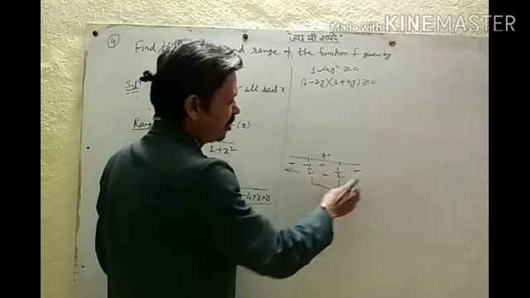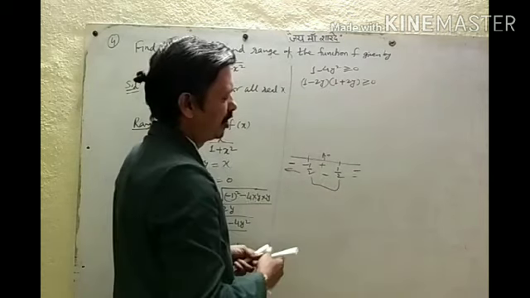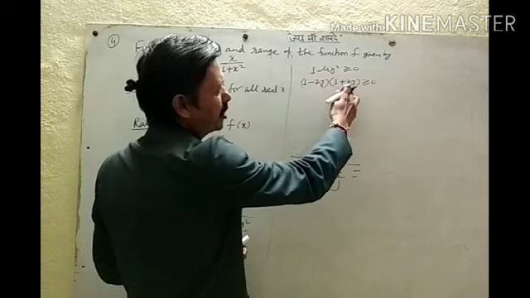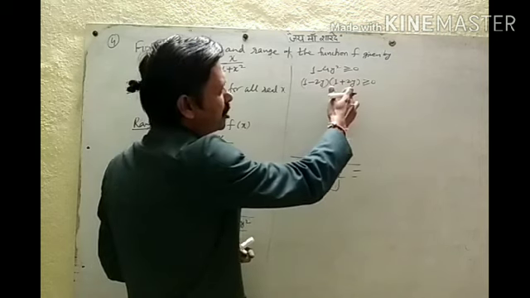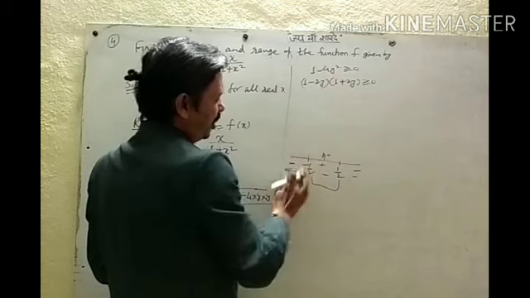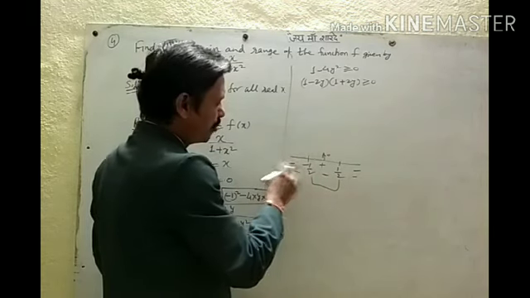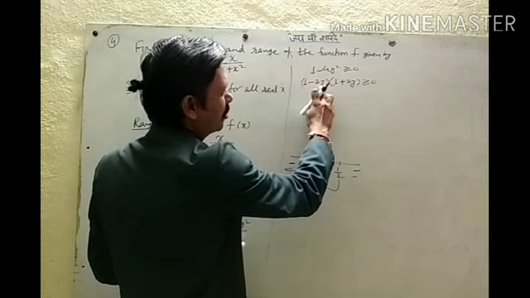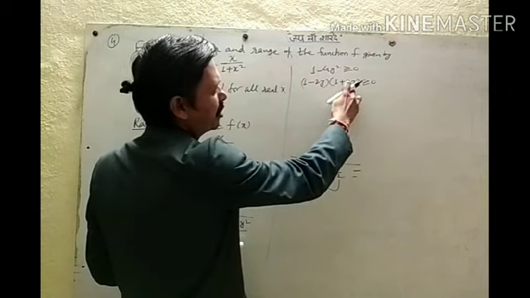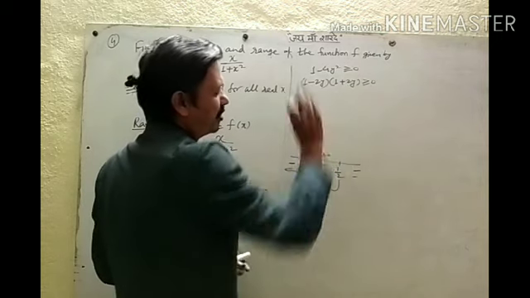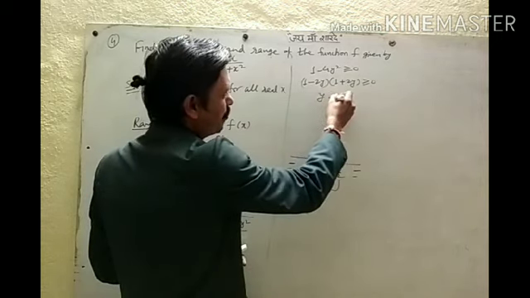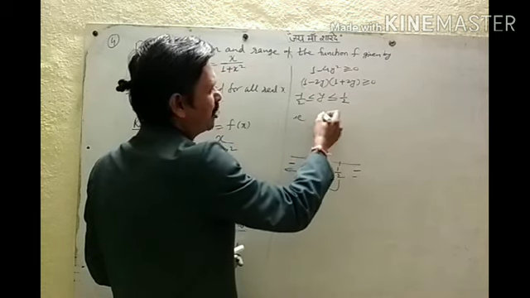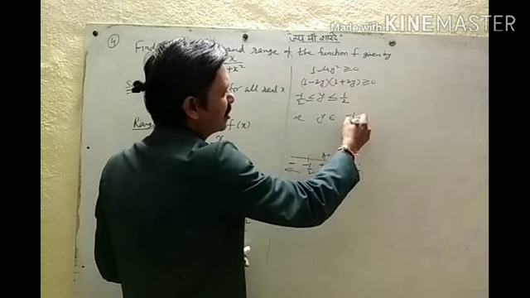If you take 1, then 1 minus 2 is negative, 1 plus 2 is positive, and negative times positive gives negative. Then on the other side, if you take minus 1, then 1 minus 2 into minus 1 is positive, and 1 plus 2 into minus 1 is negative, so it gives a negative sign. It means y should be less than or equal to half and more than or equal to minus half. Means y belongs to minus half to half.